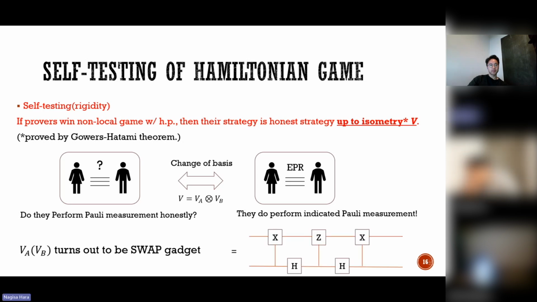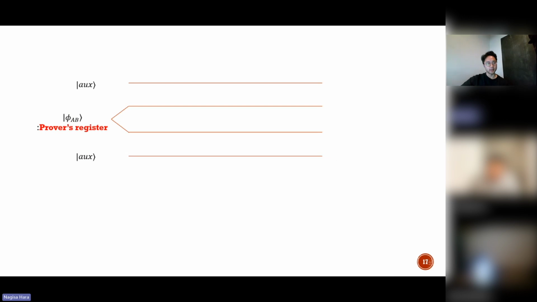However, this isometry turns out to be a swap gadget. This isometry just implements the swap gate, like shown in the bottom right corner. Let me explain in more detail using the circuit. The middle two wires are the prover's register, and the top wire and the last wire are the auxiliary register.